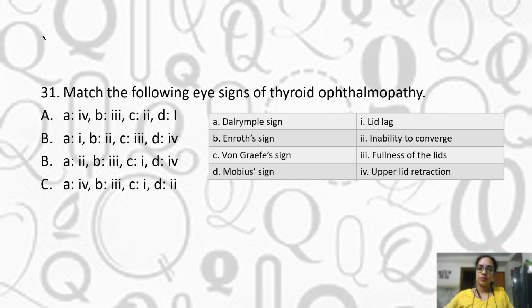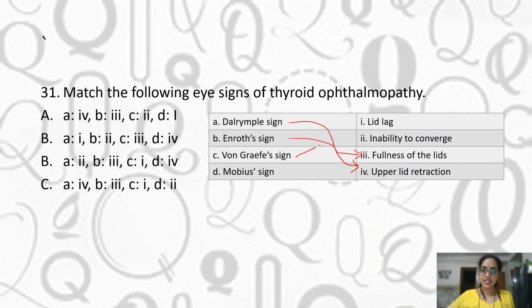Let's move on to the next question. Match the following eye signs of thyroid ophthalmopathy. You have to make an effort to remember these named signs in thyroid ophthalmopathy. They're extremely important for your entrance exam. Dalrymple sign is the upper lid retraction. Enroth sign is fullness of the lids.